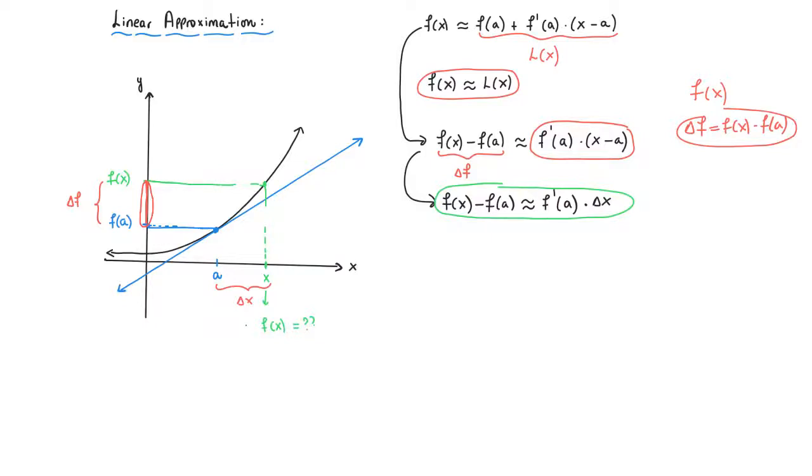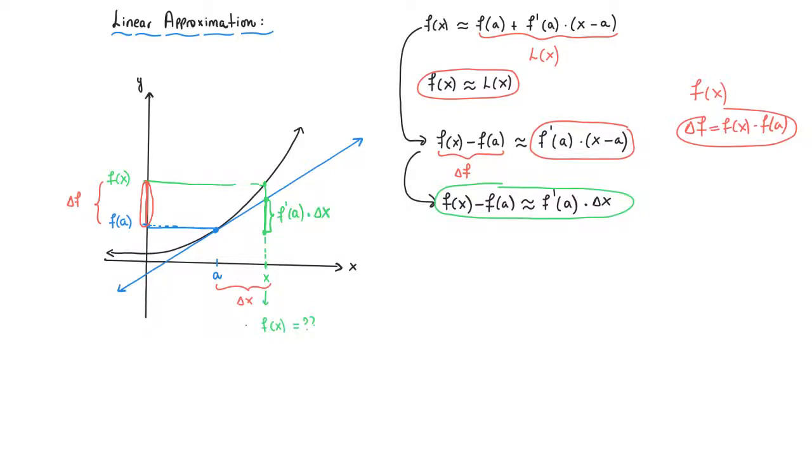Whenever we use the approximation, the vertical approximation goes from this point on the tangent line to the height of f of a right here. So it's this vertical change here. This corresponds precisely to f prime of a times delta x.